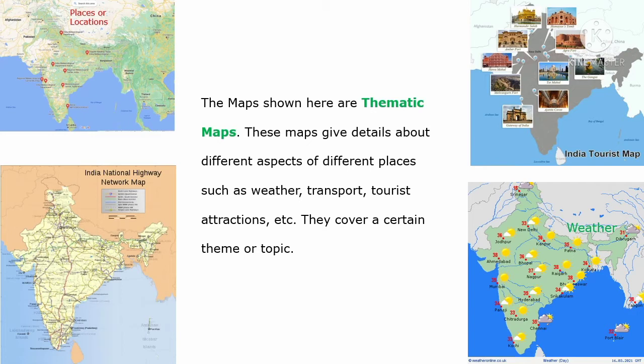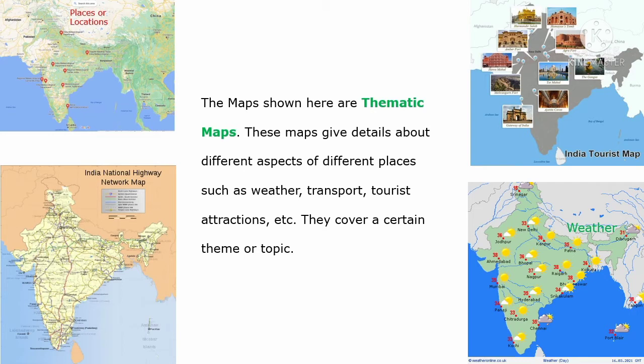So here on the screen you can see at the topmost the places or locations, and also the network map where you can see the transport facilities, whether road, rail or air. At the right topmost are the places which are attracting the tourists.